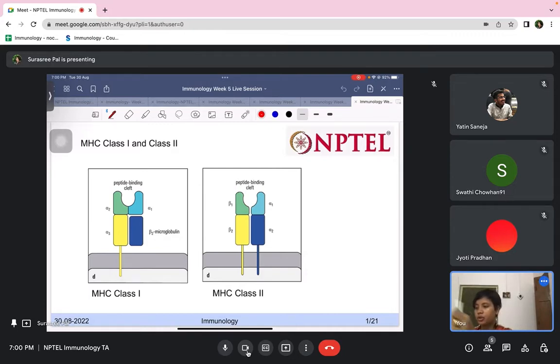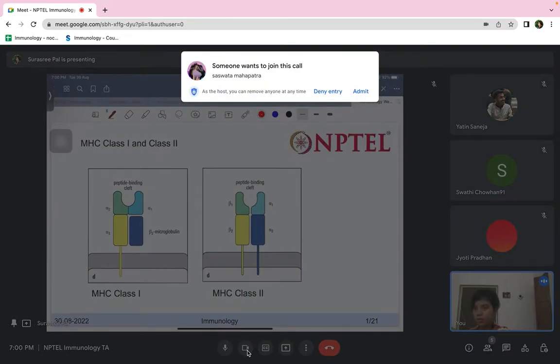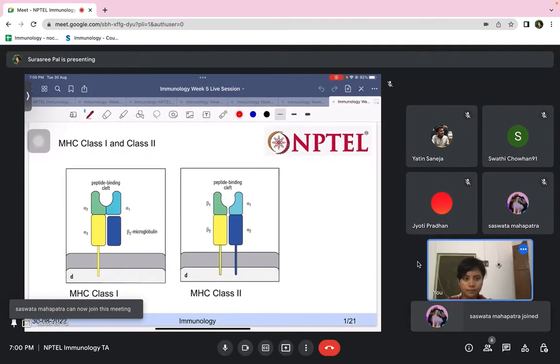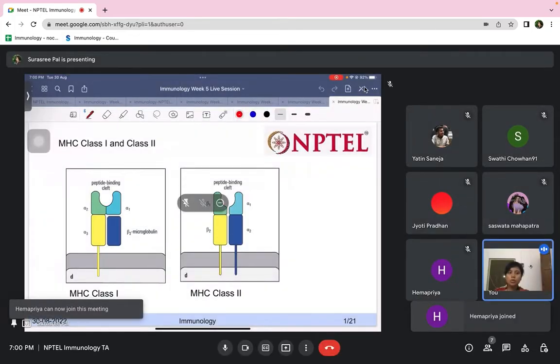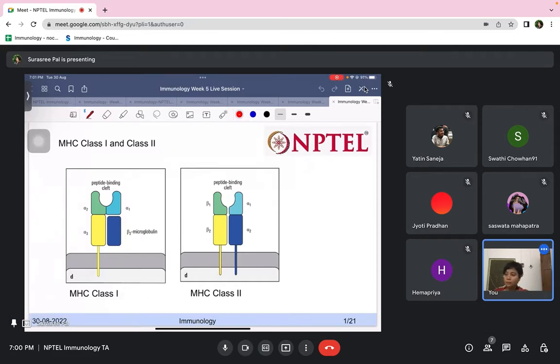First of all, there are two chains, the alpha chain and the beta chain, and there is a groove that forms between these alpha and beta chain domains, which serves as the peptide binding cleft of these kinds of MHC molecules.